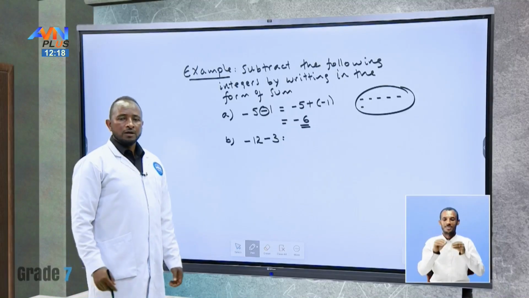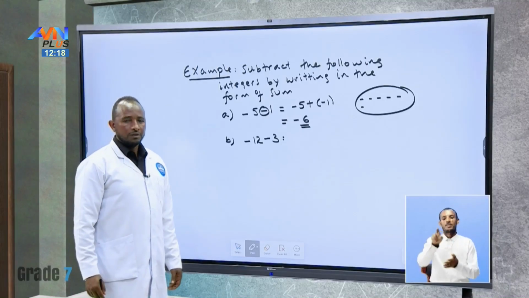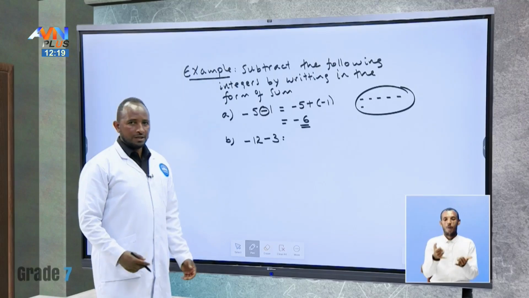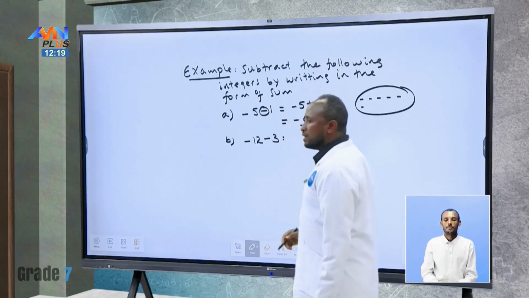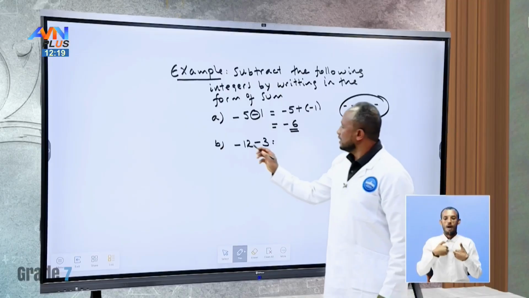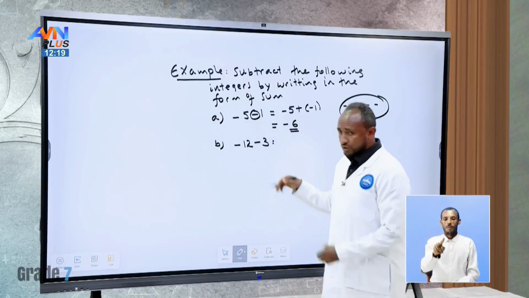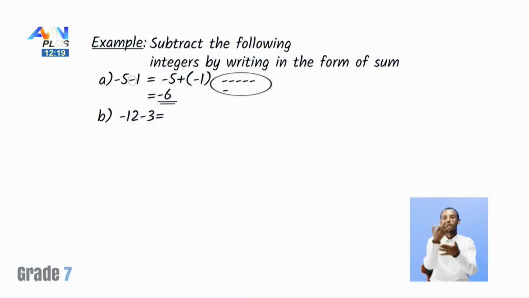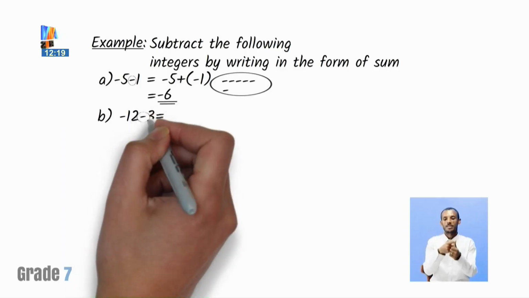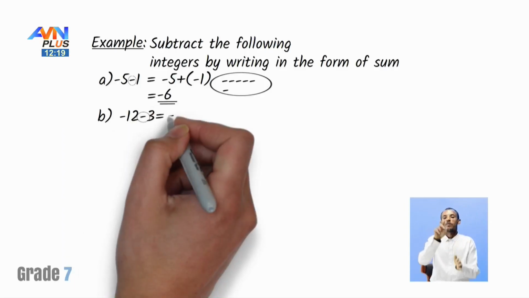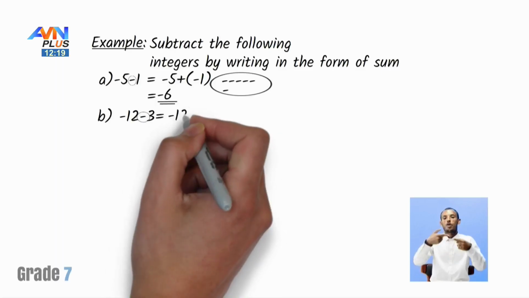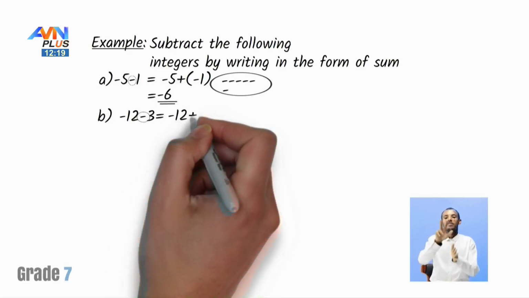Students, have you tried the question? Nice. Now, let's see the answer together. Here you have negative 12. To change this in the form of sum, first, minus will be plus. So, negative 12 plus, what is the opposite of 3? Good, it is negative 3.